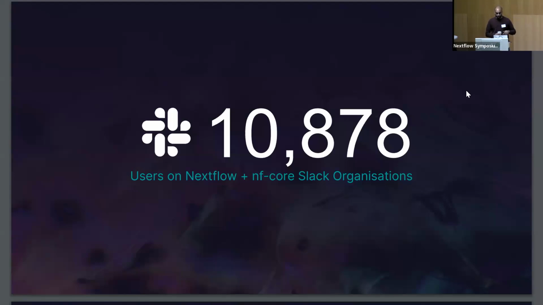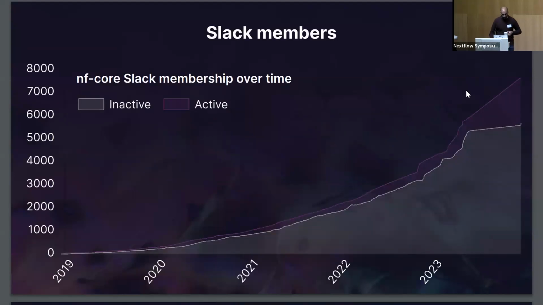It's amazing how it's grown. You can have conversations about your pipelines directly on Slack, get help, and also, if possible, stay around. That's what we want. This is a plot of the Slack membership over time. It generally peaks at hackathons, but almost 8,000 is just amazing.